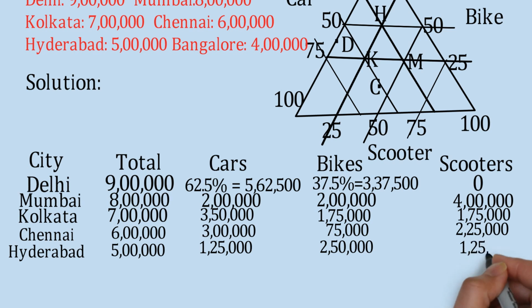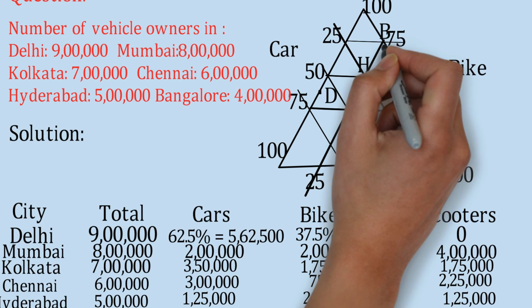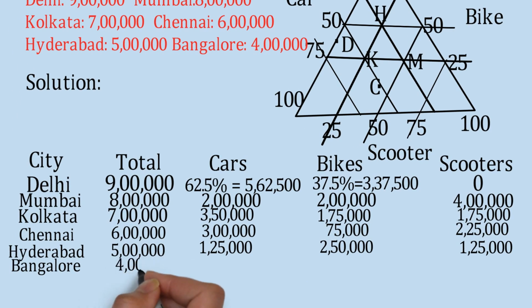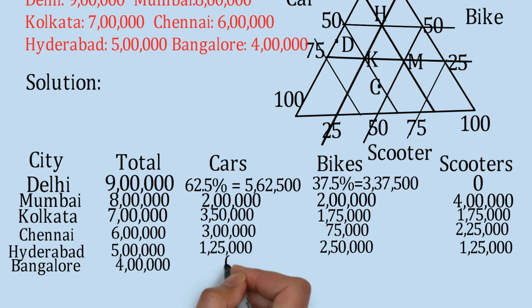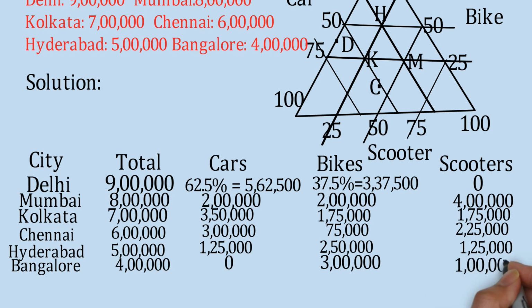And similarly for Bangalore, if you see, this one is Bangalore, so it is 4 lakh for the total vehicles. Cars are 0, bikes can be seen as 75%, so 3 lakh, and scooters 25%, so 1 lakh. So we have got the individual vehicles for all the cities.